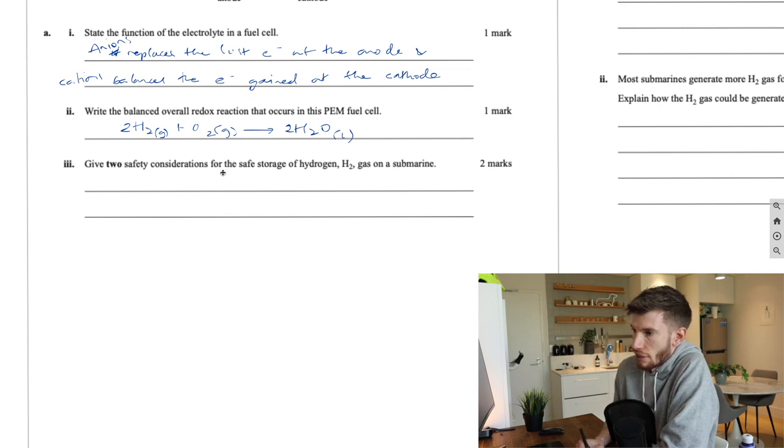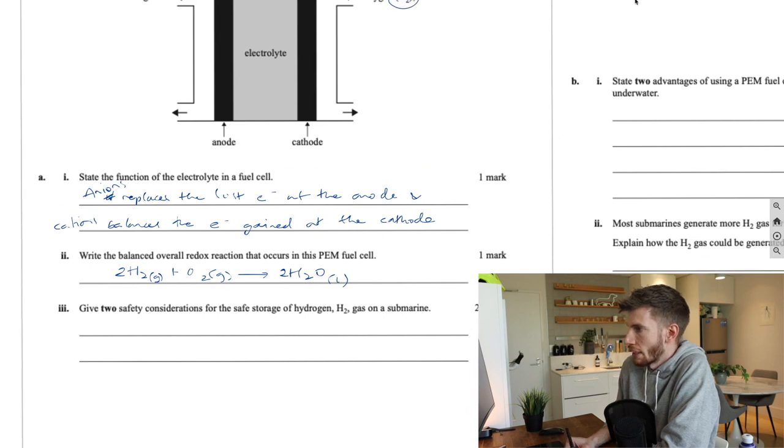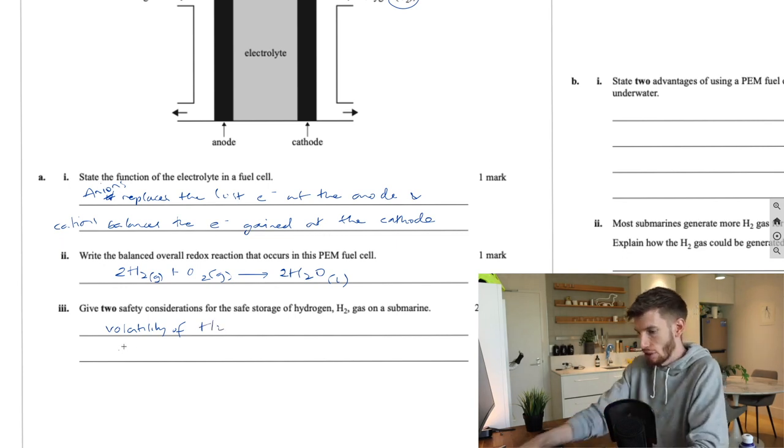Give 2 safety considerations for the safe storage of hydrogen gas on a submarine. So it was weird that they had this in the same exam, but it is to do with the volatility of hydrogen, right? Now maybe let's put an actual answer rather than just a note.